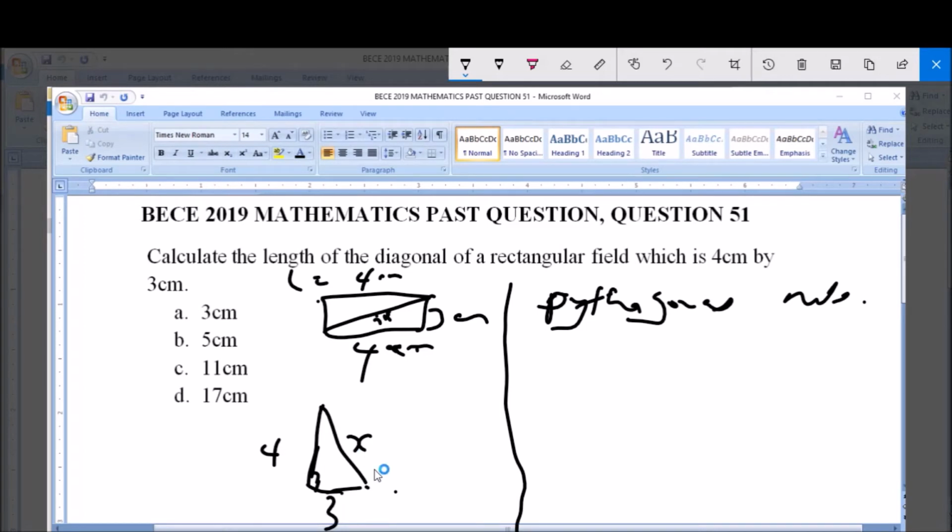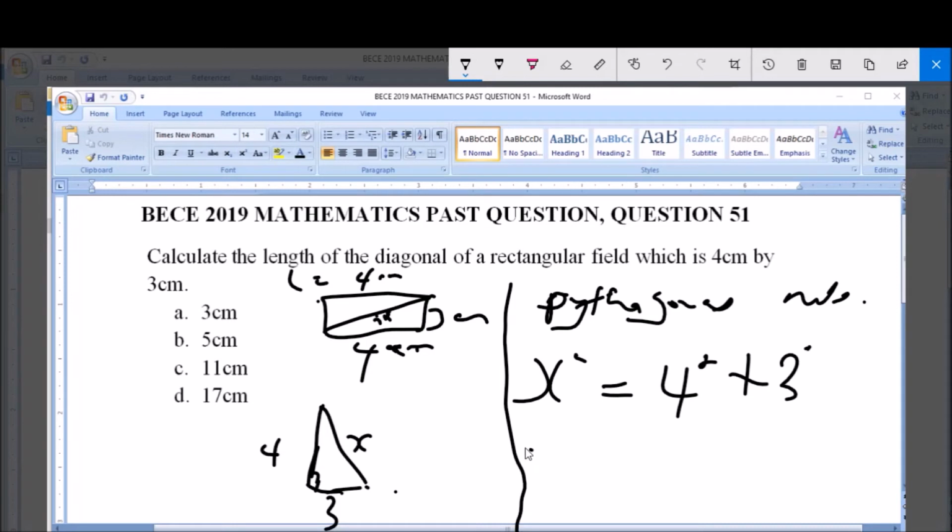But here, our hypotenuse is the x, which is the diagonal, which is what we are looking for. So therefore, to find x, we say x square is equal to 4 square plus 3 square. So x square, which is the diagonal, represents the hypotenuse, and that is the Pythagoras rule.